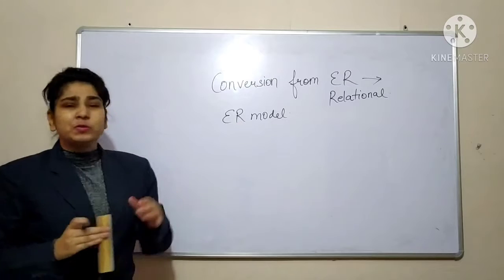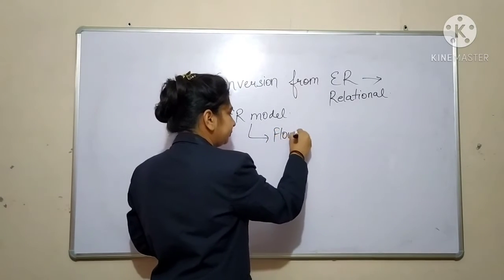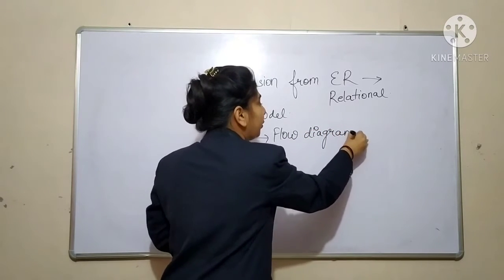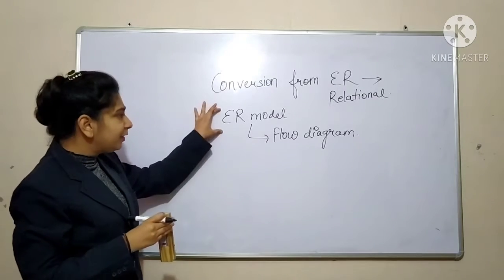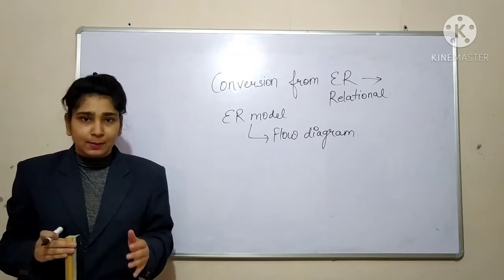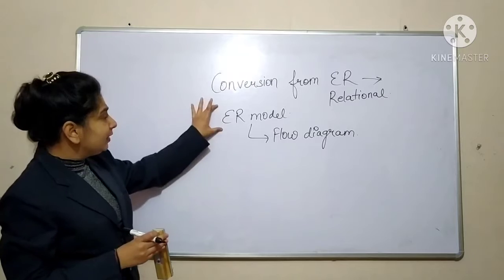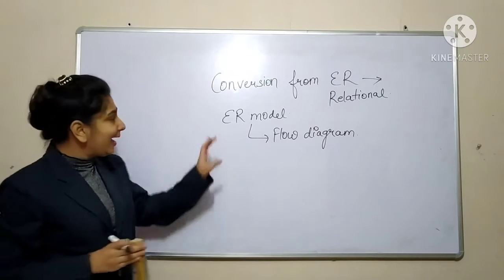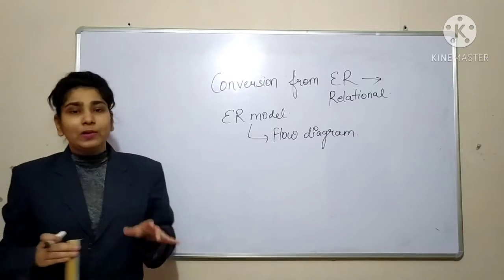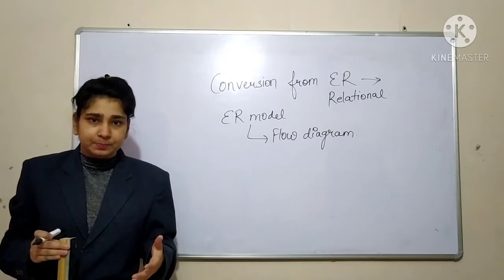It is nothing but a kind of flow diagram, or you can call it a graphical representation of your databases, in which you define the number of entities present in your project and how all these entities are related with one another.